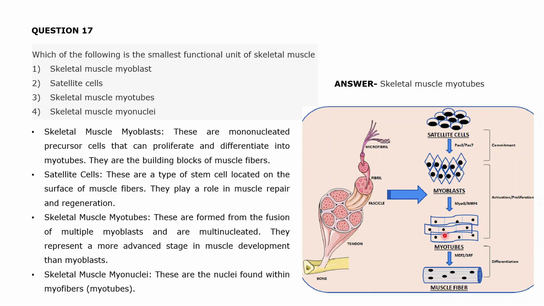So should I explain it once more, or does anyone have any doubt? So I think I will move on to the next question. I think this is quite clear. You have to just read the question carefully, that's the important thing.